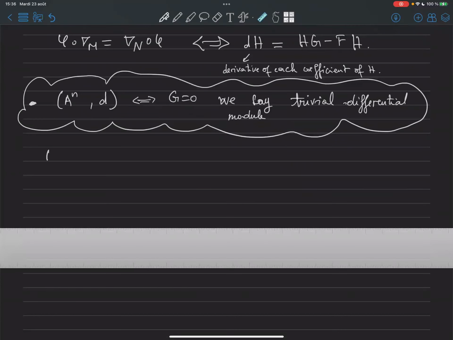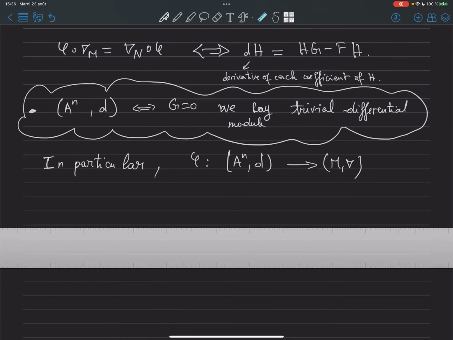Now, in particular, if we consider a morphism between a trivial differential module and this module, then it is equivalent to say that dh is equal to 0.